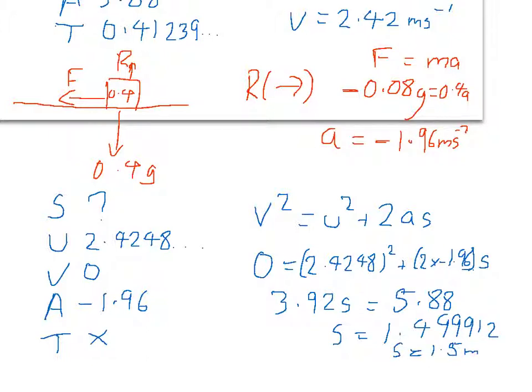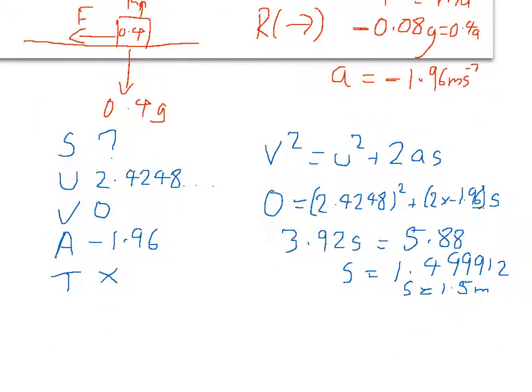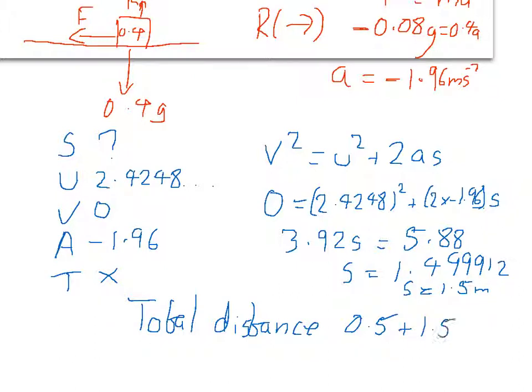That is the distance it's travelled from once B's hit the floor to when it stops. Remember, in the first bit, we know that B has fallen 0.5 metres from the question. So the total distance is the initial 0.5 metres plus the 1.5 metres it's travelled after B has fallen, which makes 2 metres travelled in all.